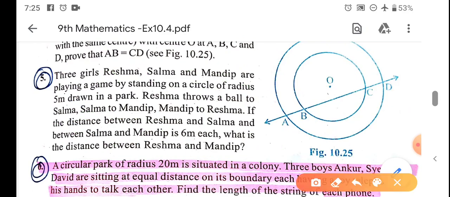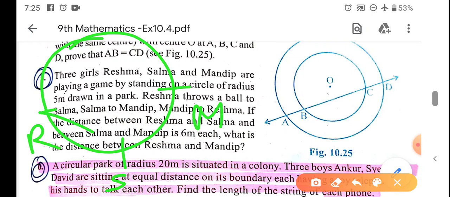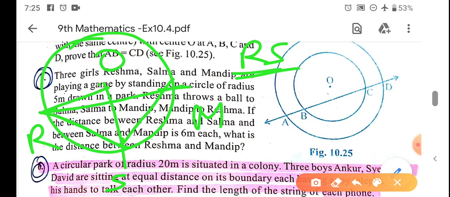We will also use Pythagoras in this question. So understand how we will use Pythagoras here. This is the center. This time I am taking base RS, in triangle ORS. This is RL.